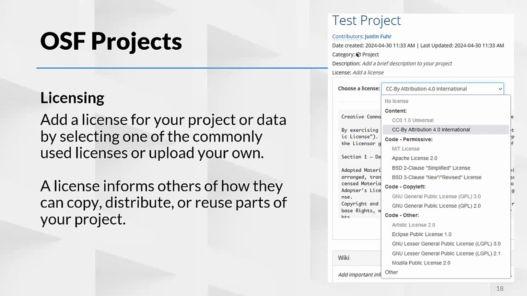If you're at all interested in any of these or you have questions about them, get in contact with me after, and I can help you work your way through these. There's different ones for code, for example, if you're in computer science or statistics or some kind of discipline like that, you can add different licenses to your project.